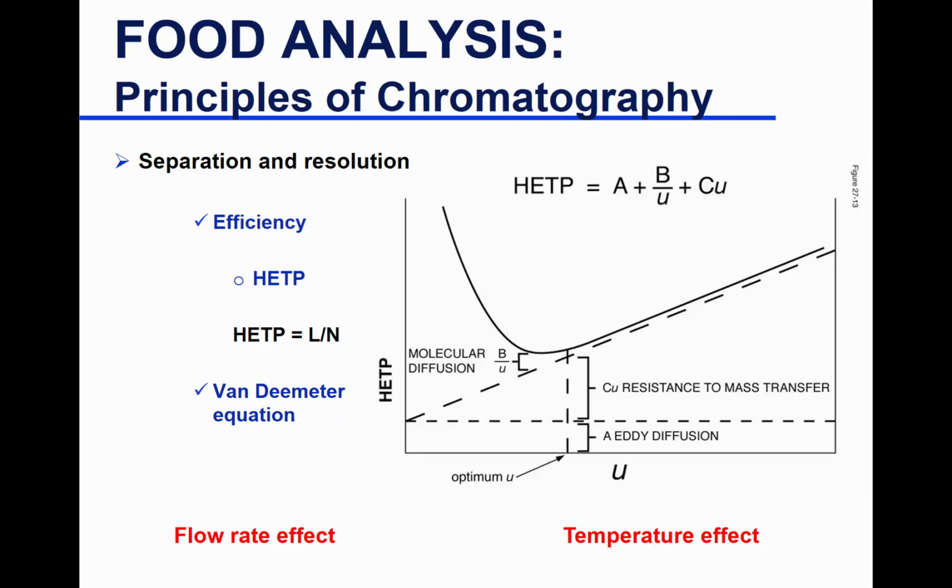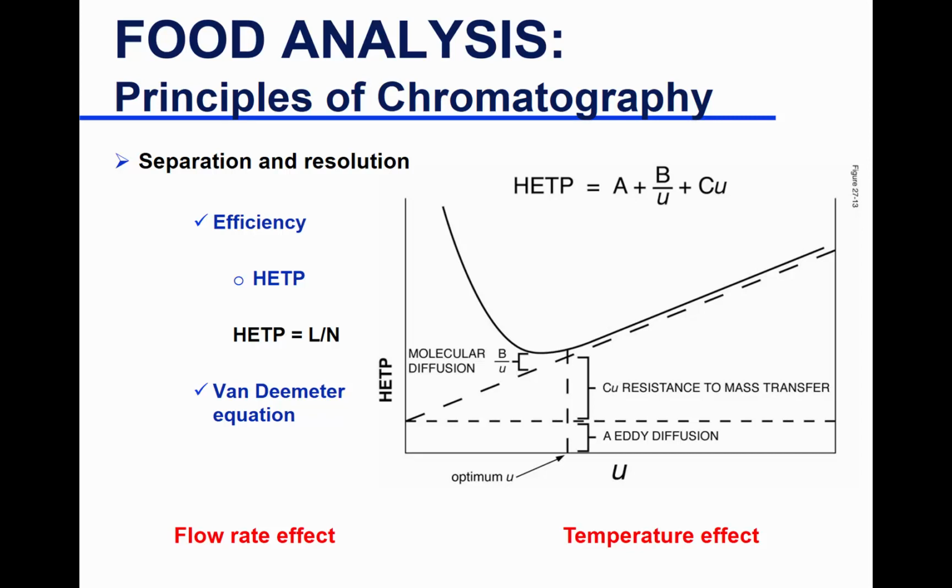So the mass transfer is the time it needs to reach equilibrium. All of these are equilibrium sites on your column. How long it takes to reach equilibrium is important. So the quicker it reaches equilibrium, the shorter is your height equivalent of theoretical plate. However, if the flow rate is so high, you won't get to an equilibrium.